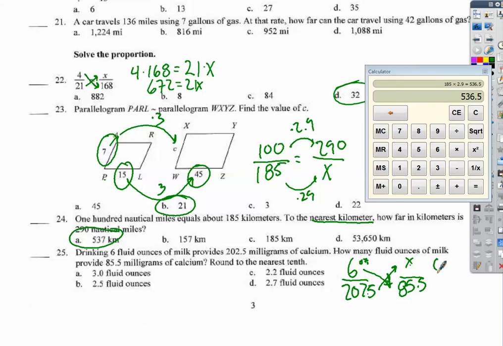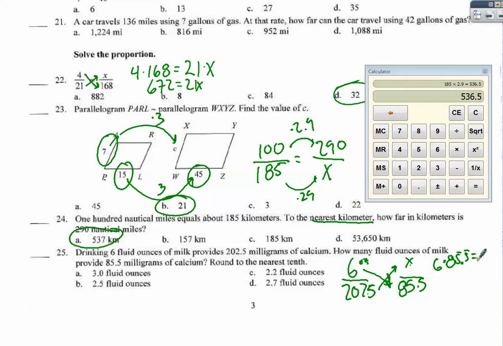So we have 6 times 85.5, and that is going to equal 202.5x. So, take my calculator.